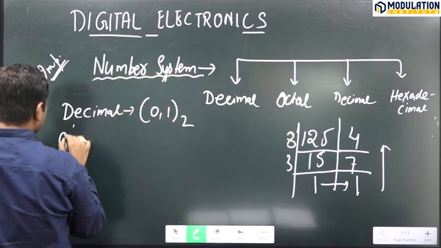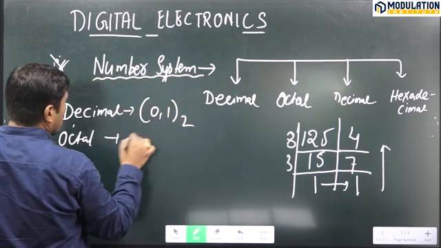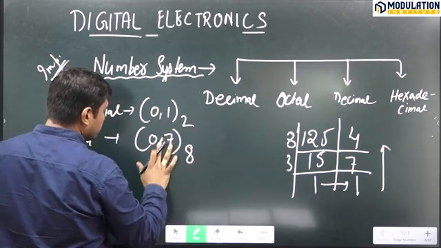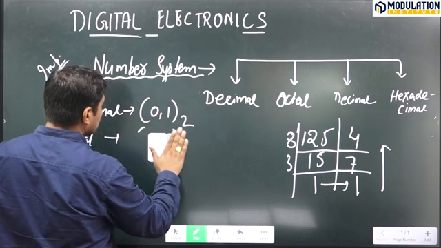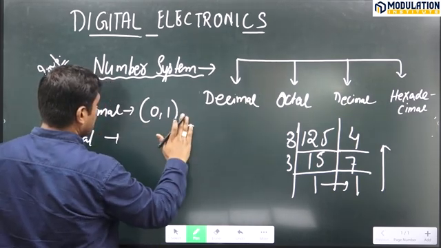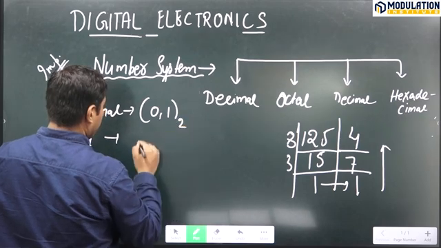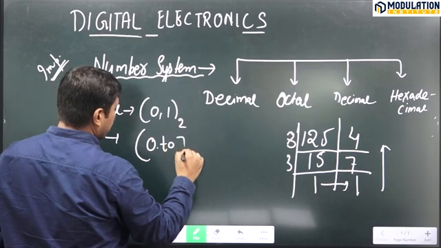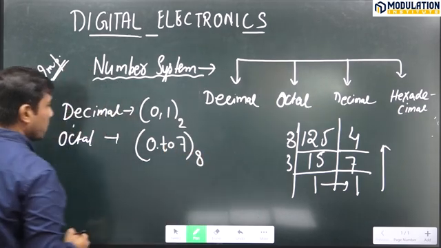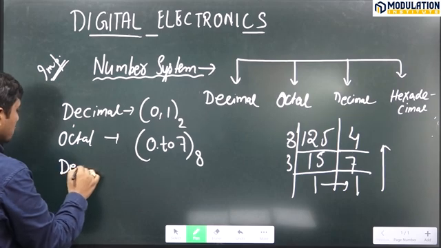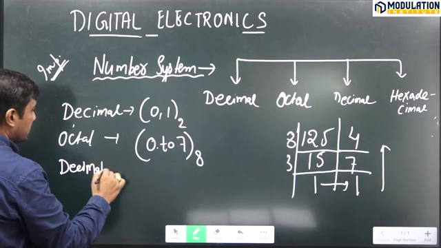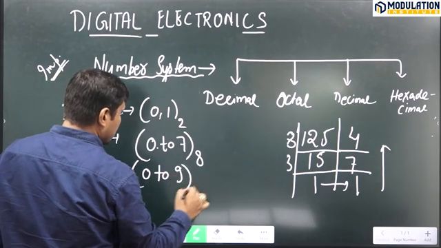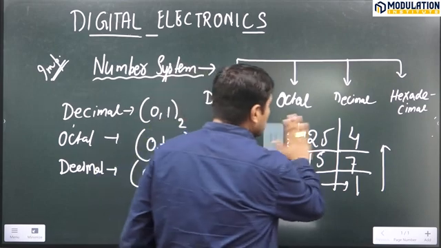In case of octal, the number system varies from 0 to 7. This one is about your octal number system. In the case of decimal number system, it goes from 0 to 9. The base is 10.